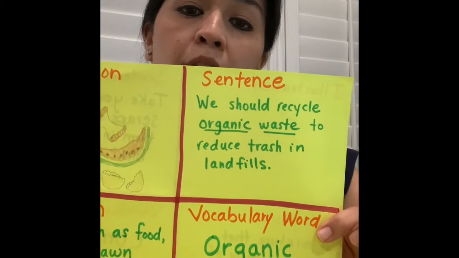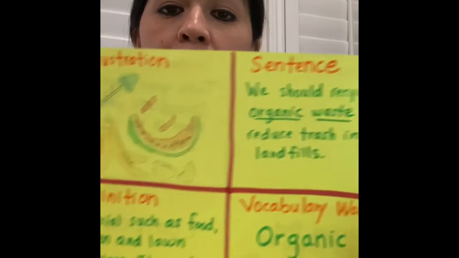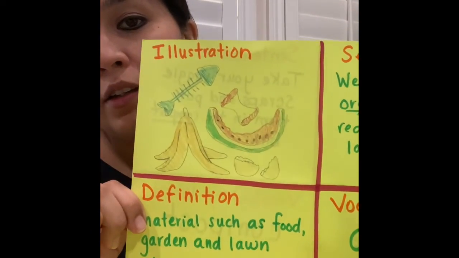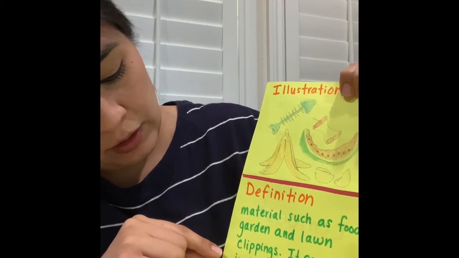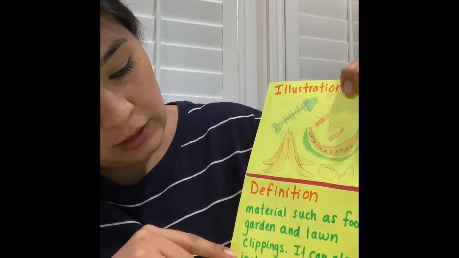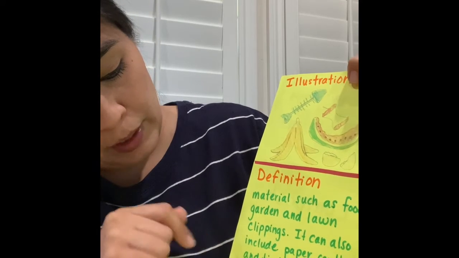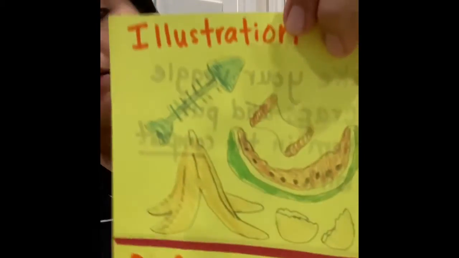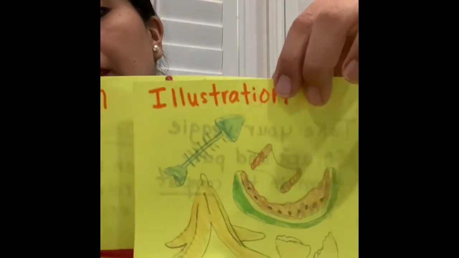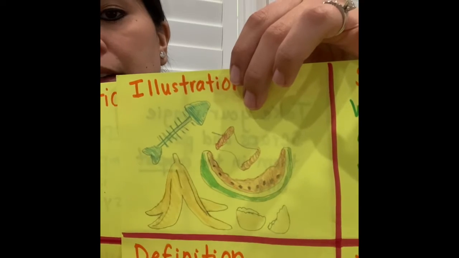And then another word that I made, organic waste. So organic waste are materials such as food, garden, and lawn clippings. It can also include paper, cardboard, and timber. Here are some examples of the organic waste.